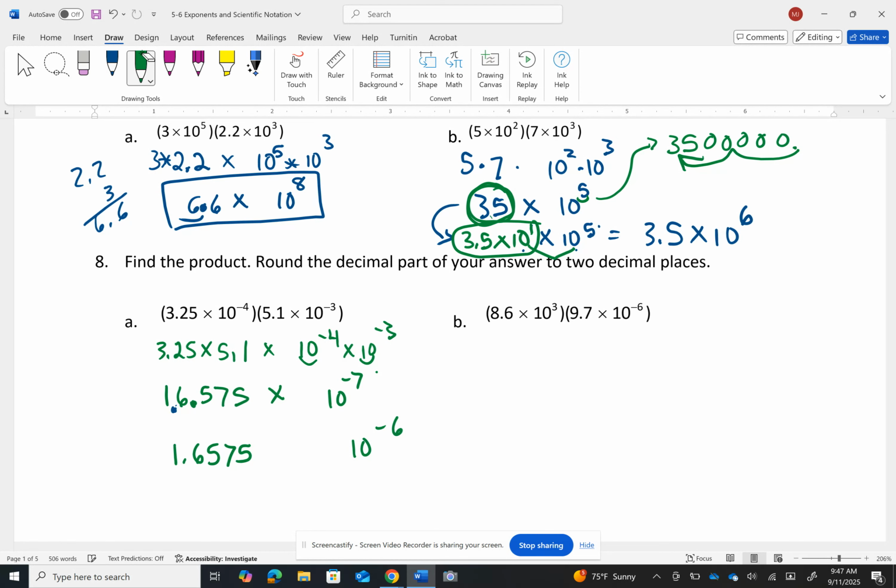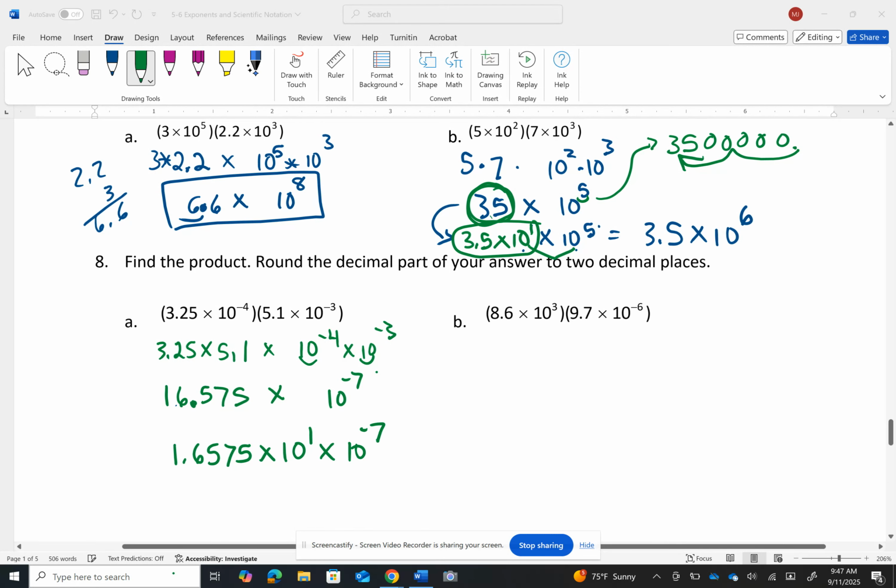But I think for most people, it works out good to think about how 16.575 would be the same as 1.6575 times 10 to the first. But you already had 10 to the negative 7. And so the 1 and the negative 7 we could add to get our negative 6.